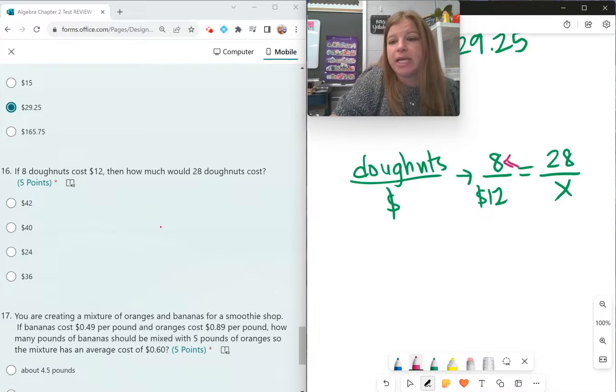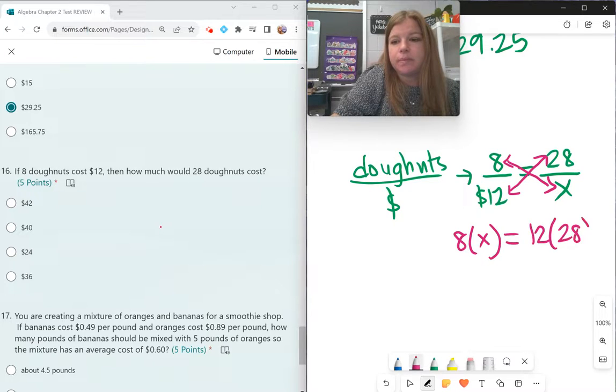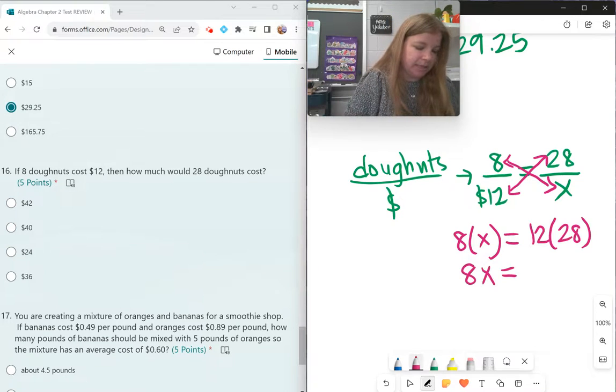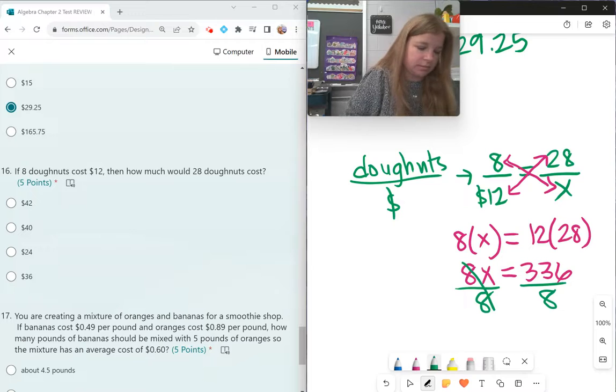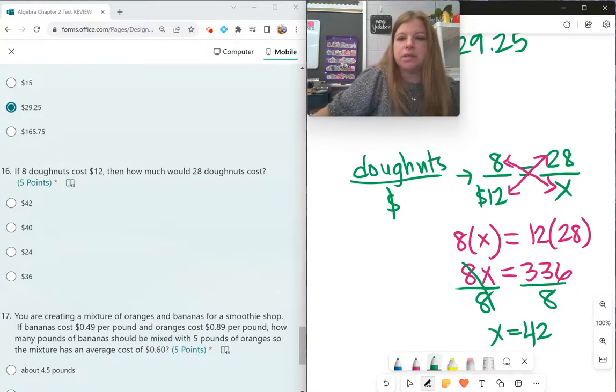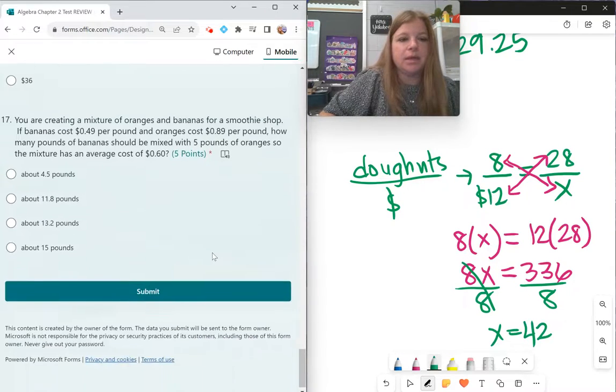So I would do 8 times x, and I would set that equal to 12 times 28. 8 times x is 8x. 12 times 28 is 336. I then go ahead and divide both sides by 8, and I get x equals 42. So that means that 28 donuts would cost $42.